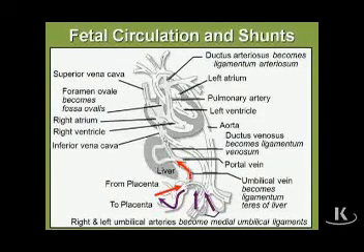But before we get to that, let's think about what's coming up through the inferior vena cava. The venous return from the lower part of the fetus or embryo, in other words, from the lower limbs and the pelvis, is coming up the inferior vena cava, and that is deoxygenated blood.